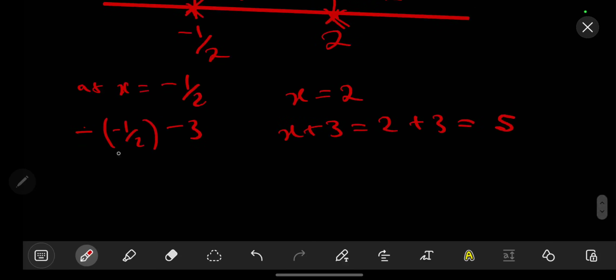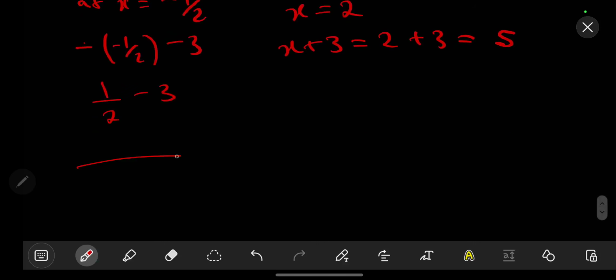This will give us positive 1 over 2 minus 3, where 2 is the common denominator. 2 divided by 2 is 1 times 1, it's 1, minus, we have 2 divided by 1 is 2 times 3, that's minus 6, sorry for that, just tired. So we have a 6 here. So 1 minus 6 will be negative 5 over 2 like that.